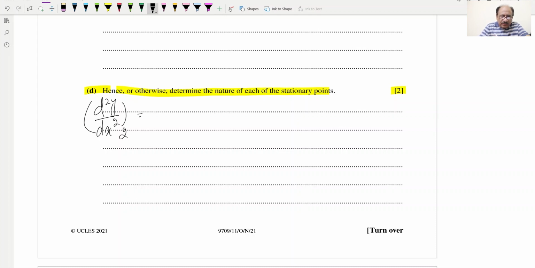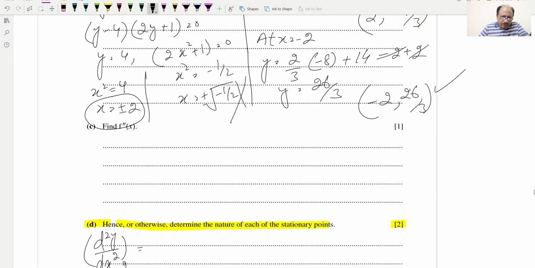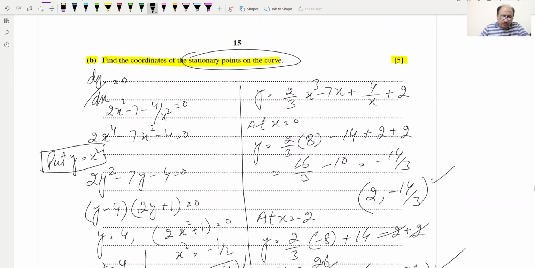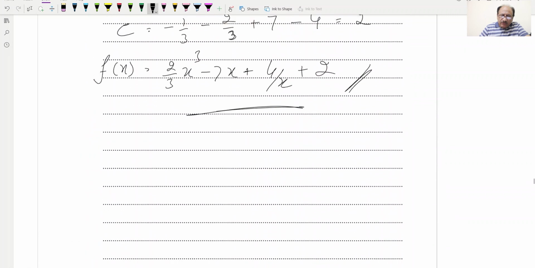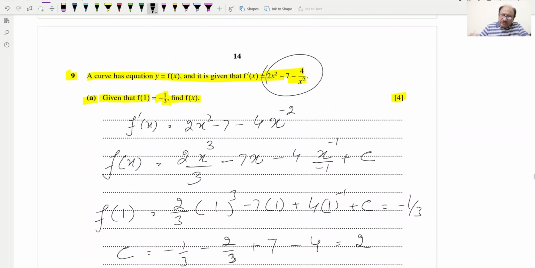In second order derivative, first of all, we missed the C part. So what is the C part? Second order derivative, so derivative of the derivative. f dash of x is given, so we'll take the derivative of this.